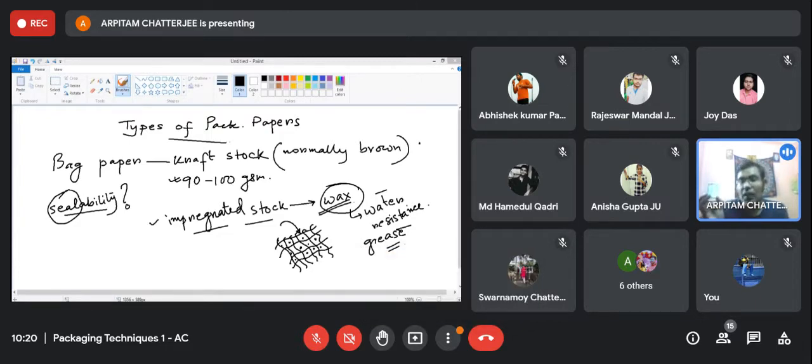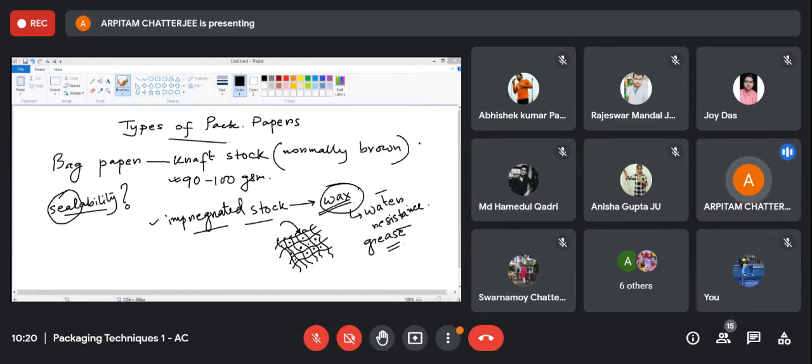Generally, it's not advised that you always drink hot drinks from such cups, because this wax inside gets melted and mixes with the beverage you are consuming, which can cause a lot of health problems also. But anyway, that is one example of impregnated paper which is wax coated.